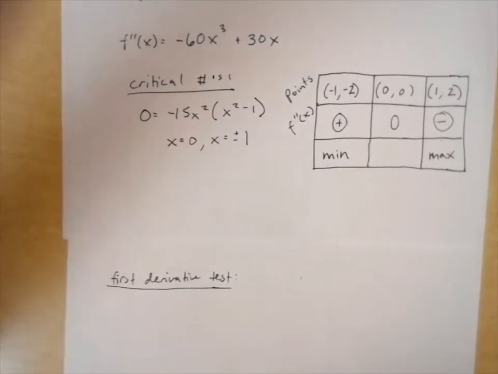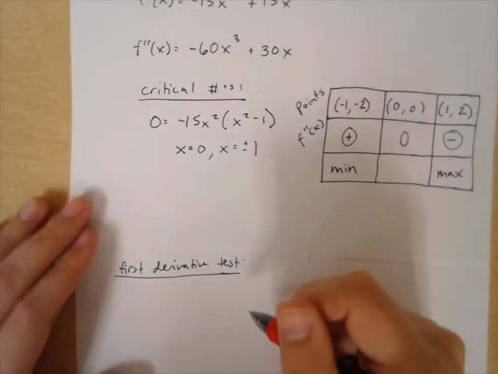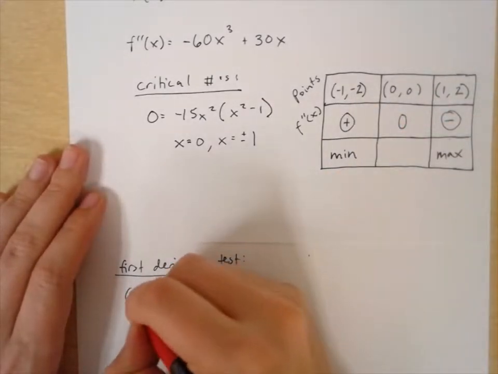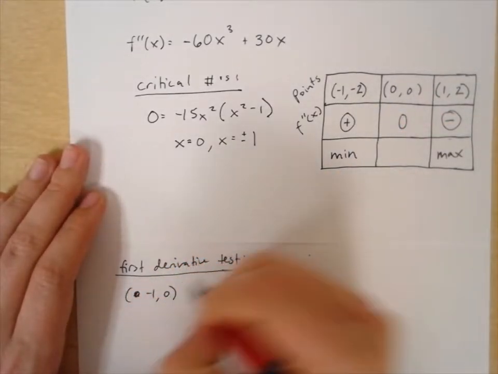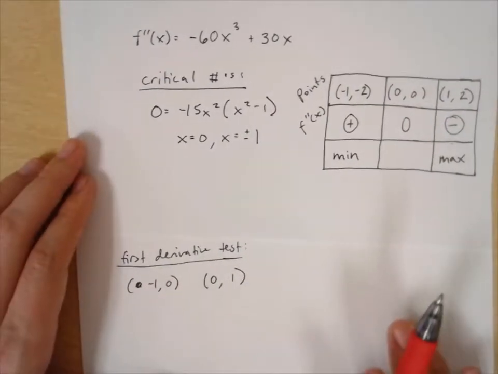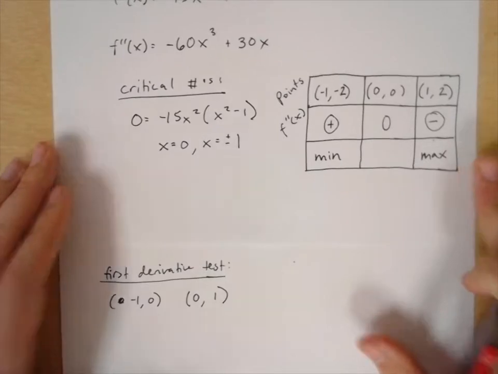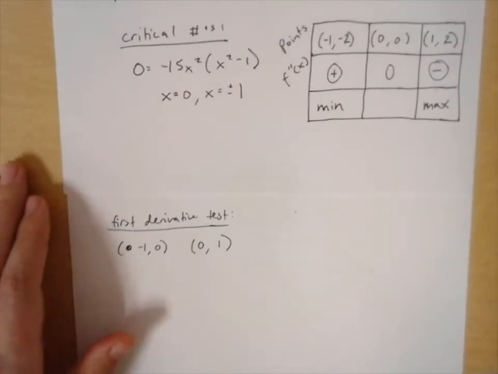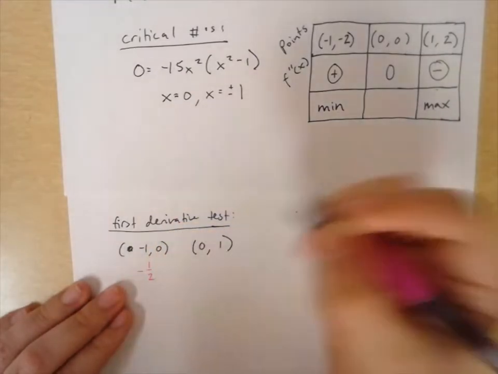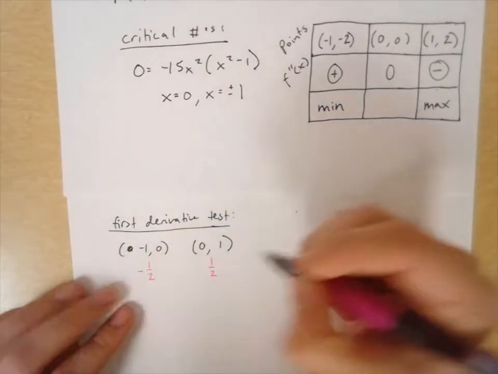My first derivative test, I'm interested now in the interval from negative 1 to 0, and from 0 to positive 1. I want to know what's happening in those intervals. So some good test numbers might be -1/2 and +1/2.